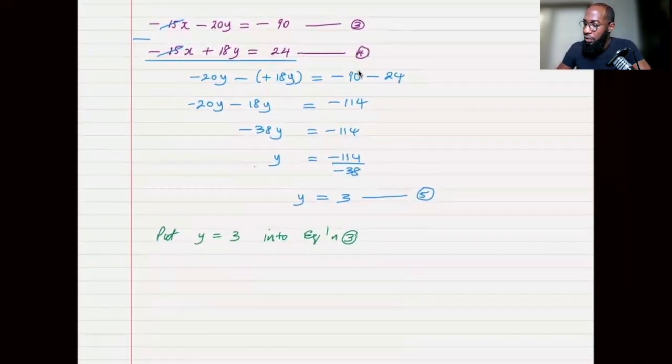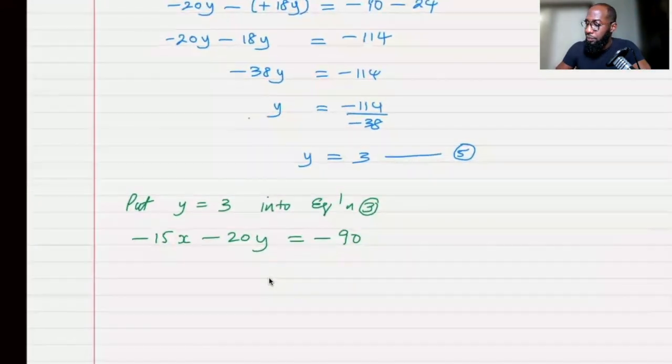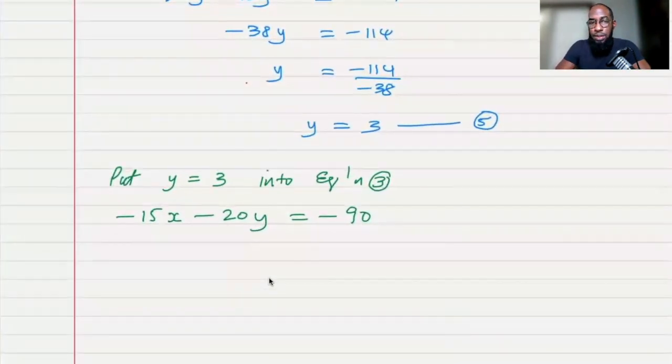So I write down my equation 3 first. Negative 15x minus 20y is equal to negative 90. So look, my equation 3 right here. See label 3. Nice, I write back that. And instead of putting y here, I'm going to put 3.